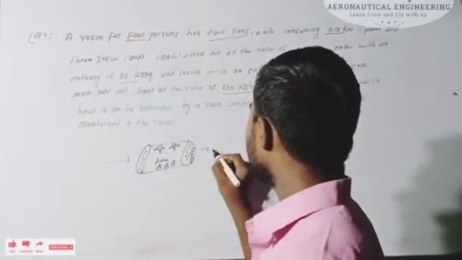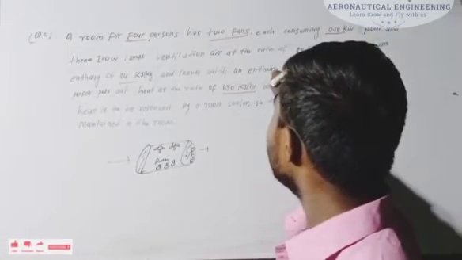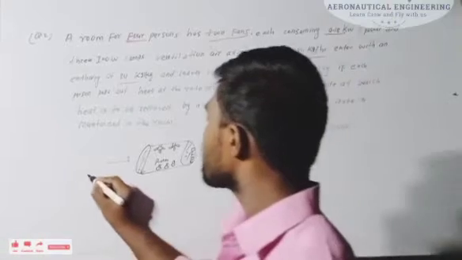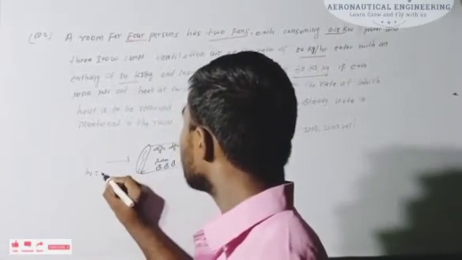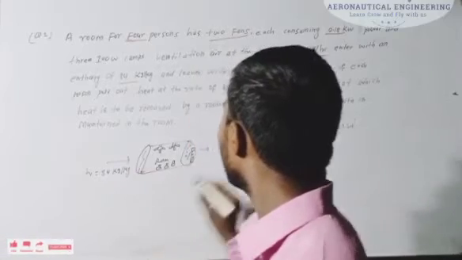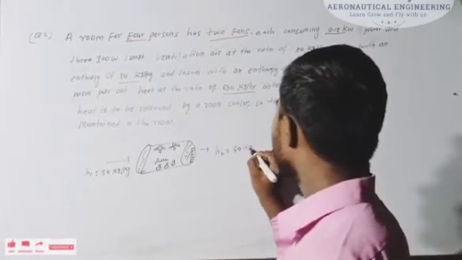This one is the inlet condition, this one is the outlet. For the inlet condition, enthalpy is given, H1, 84 kilojoule per kg. H2 is also given, 59 kilojoule per kg.